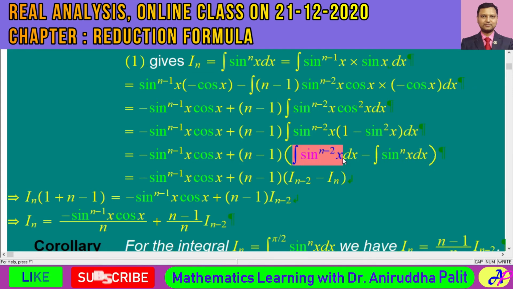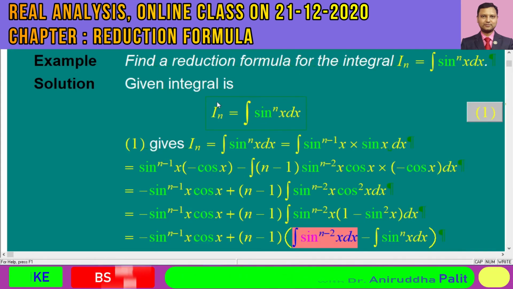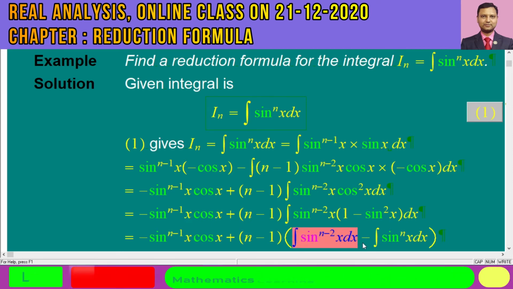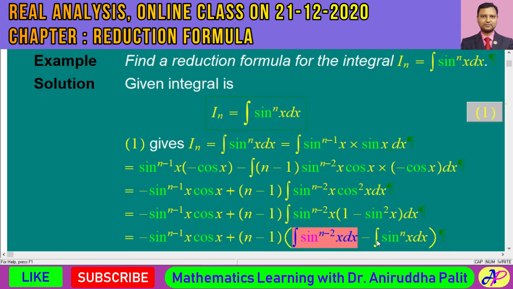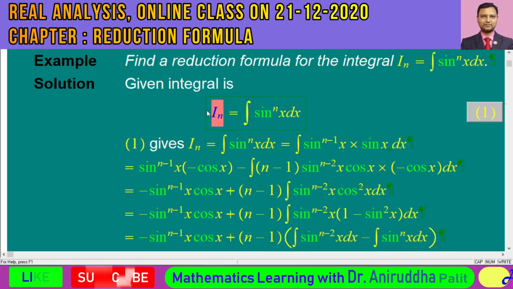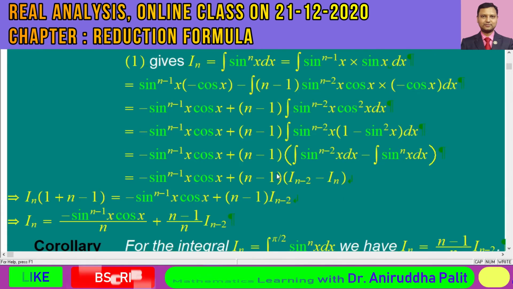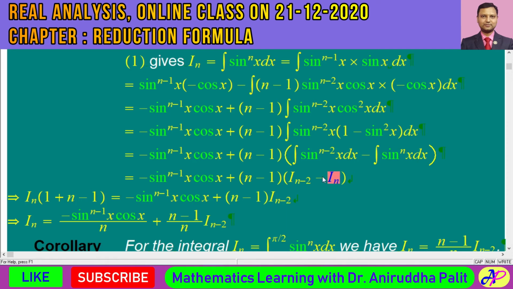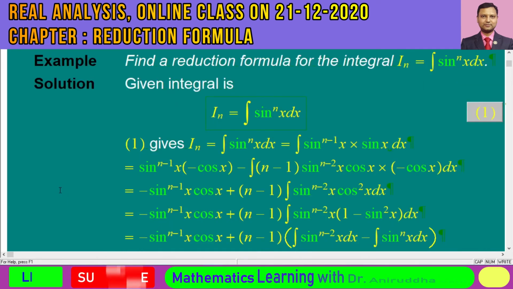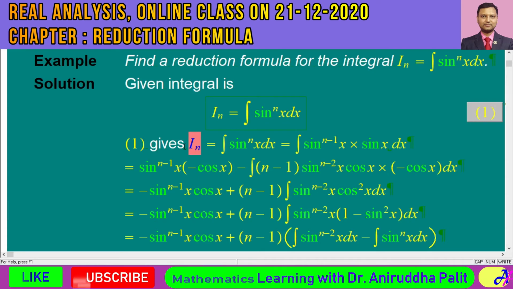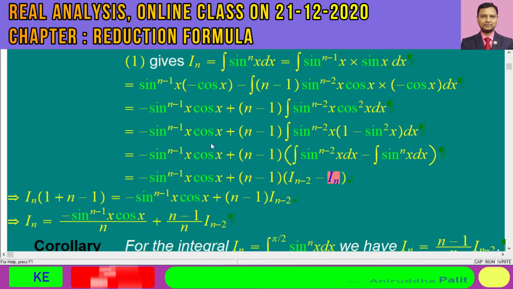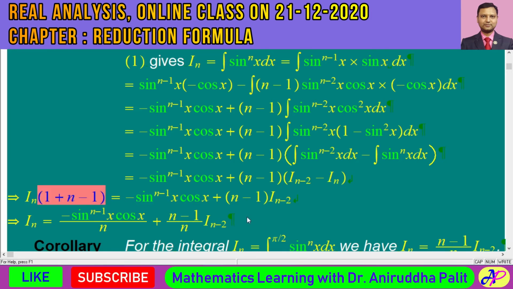So the first integral is equal to I n minus 2 as per this notation, and the second integral is again the original integral I n. Now the expression involving I n is taken on the left because we started with I n. So on the left hand side we have I n, and on the right hand side we have I n minus 2 along with I n. So keep all the I n on the left. Got it?